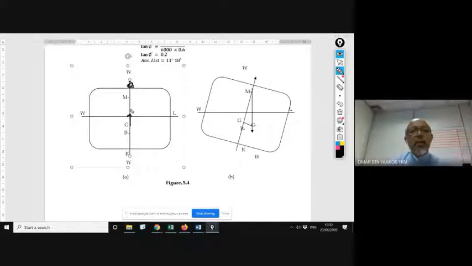Maybe this is the new G, G dash. So by loading something up here, G will move to G dash, GM will be reduced, and total displacement will be increased.